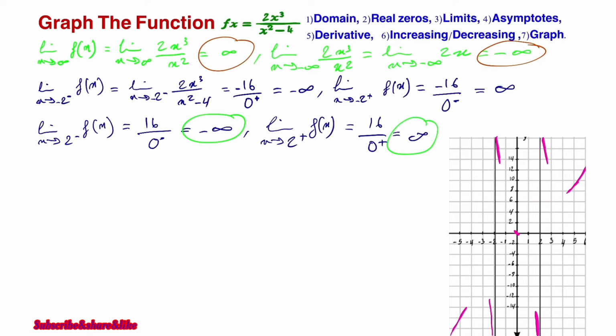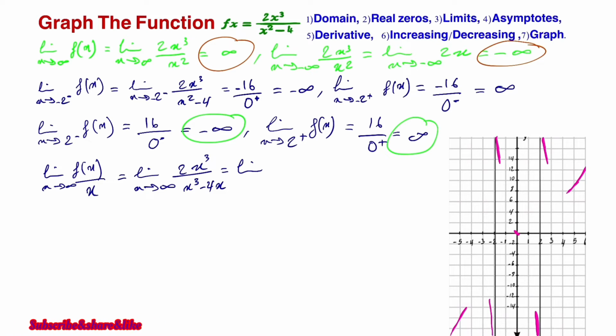So to make sure, we test our function. We are going to do the limit as x goes to infinity of f of x over x, and we see how much. What we're going to get is the limit as x goes to infinity of 2x to the third over x to the third minus 4x, since we multiply the bottom by x.